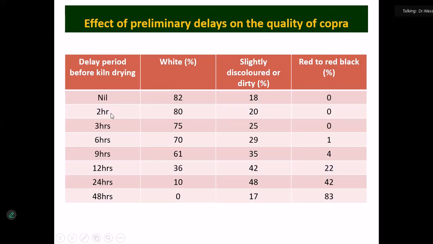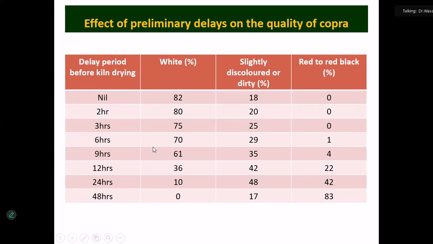If you delay 2 hours, white color is reduced by 2% and discoloring increased by 2%. Likewise, 3 hours reduced by 7%. Now you can see, for instance, 12 hours: the white color reduced up to 36%.